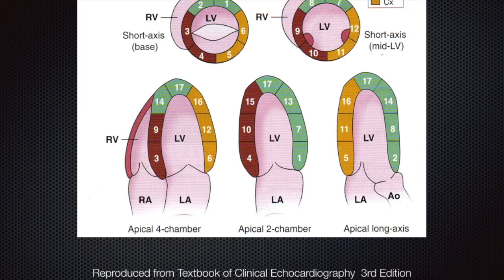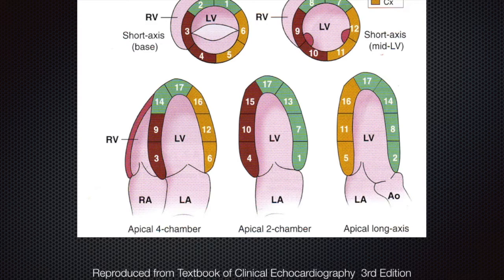So looking at these views, you get a very good view of what is normally supplied. If the left anterior descending was occluded, you would expect the anterior septal and anterior walls to be affected, as you can see at the top of the short axis, and around the apex, and also the anterior wall seen on the apical 2-chamber.